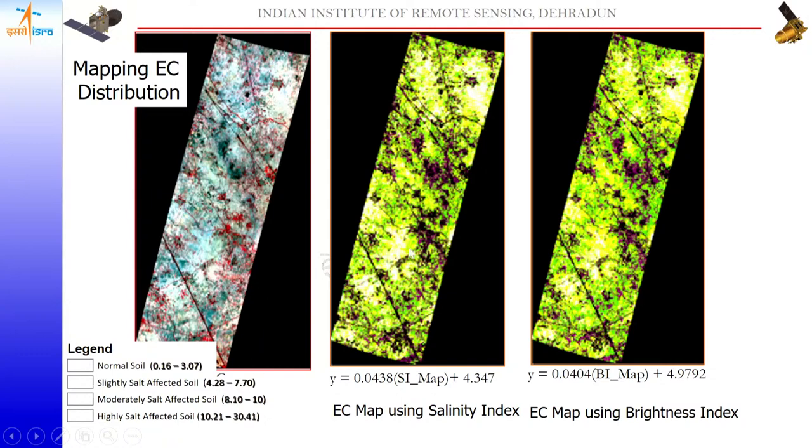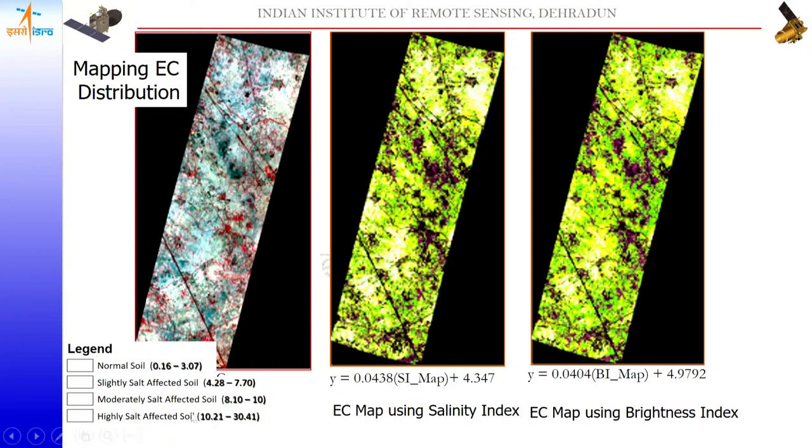Salt affected soils have high electrical conductivity, and we found that the brightness index and salinity index, SI meaning salinity index and BI brightness index, were very useful in mapping the electrical conductivity of the soils, which represents highly salt affected soils.